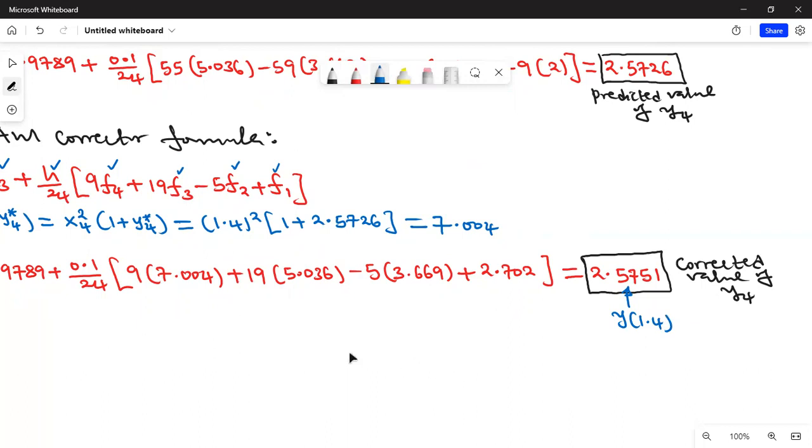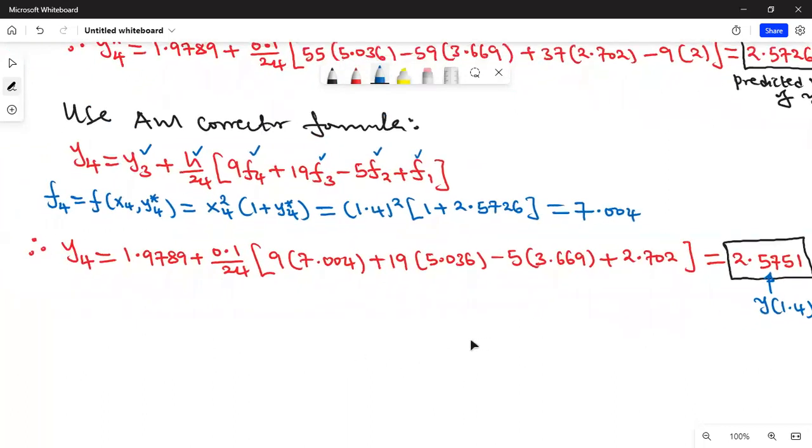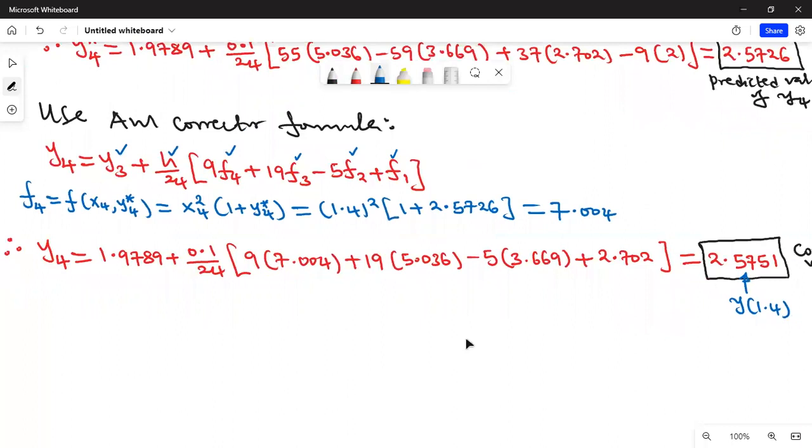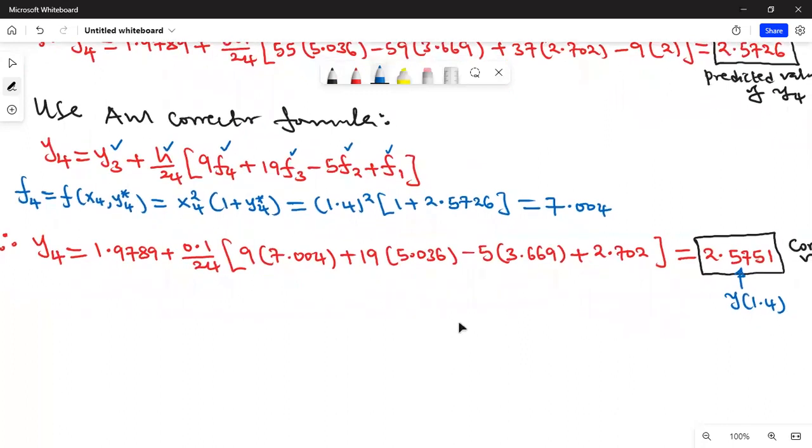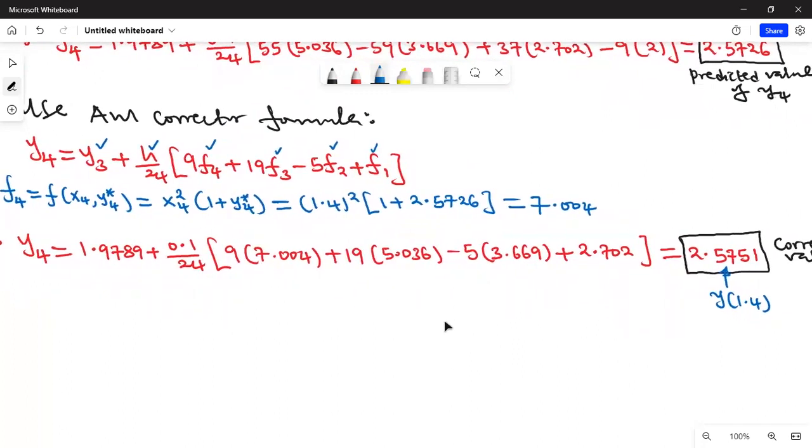Remember, if you need to find Y5, you need to perform another iteration now when n is equal to 1. Do the same procedure to be able to find Y5, if you are asked to do that. But in this question, we are only asked to find Y4, which we have found as 2.5751, correct to 4 decimal places.